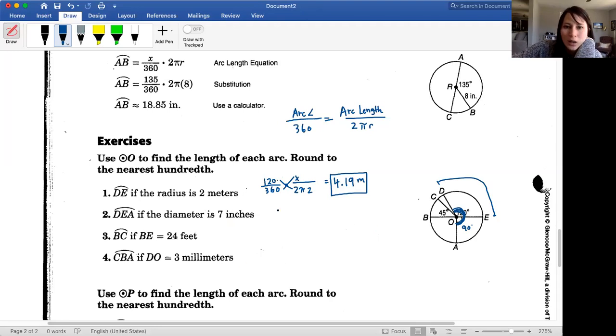So my arc angle is 210 over 360, which is proportionate to x over 2 times pi times 7. So I'm going to plug this in, times 2 times, okay, and then I'm going to divide that by 360, and it ends up being 25.66 inches as my units.